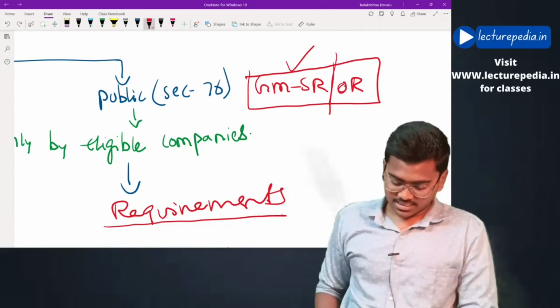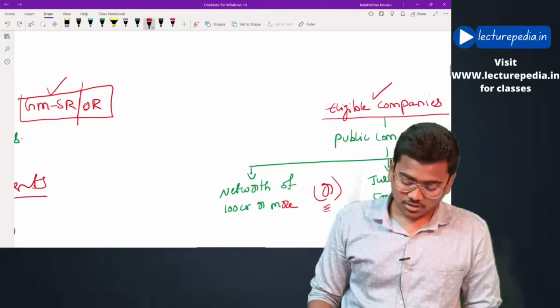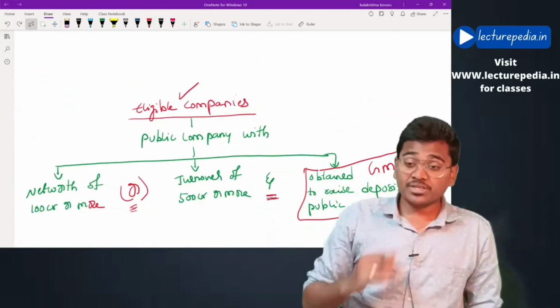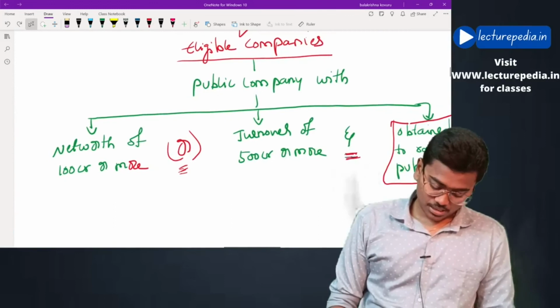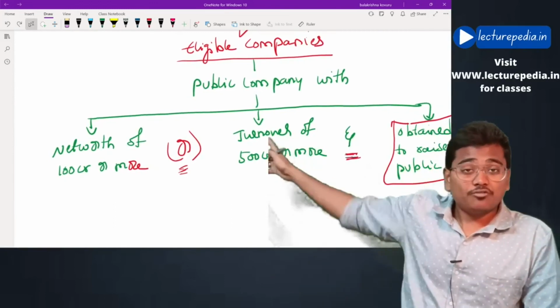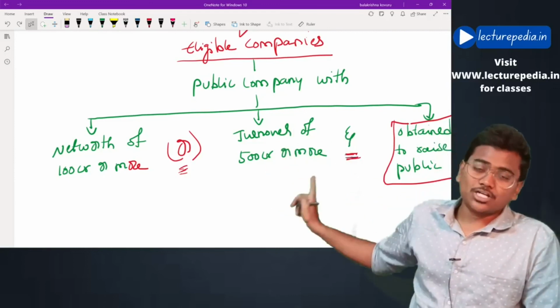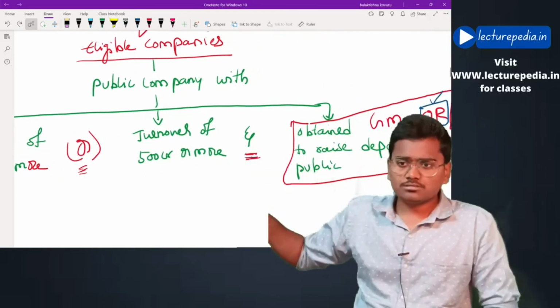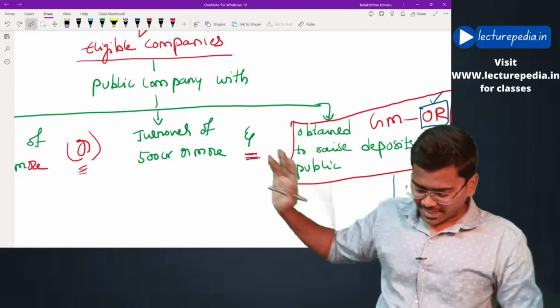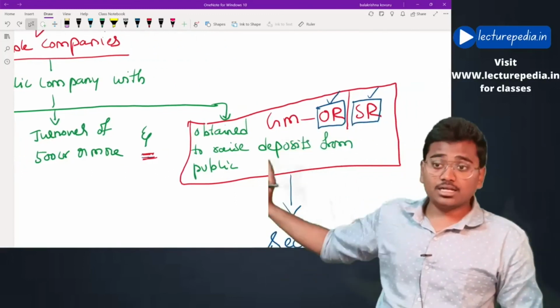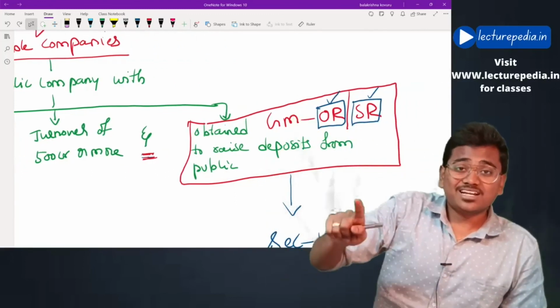After making that change, you go to definition of eligible companies. In that eligible companies you will find net worth of 100 crores or more, and you will find and, you erase that and write or. And next you will find and, that you keep as it is. After that, in the third condition, you would have written general meeting special resolution.